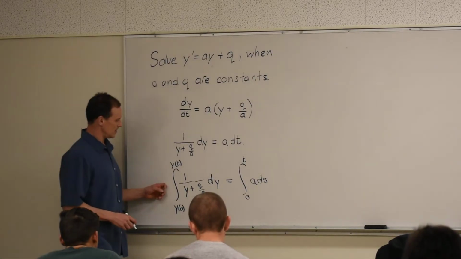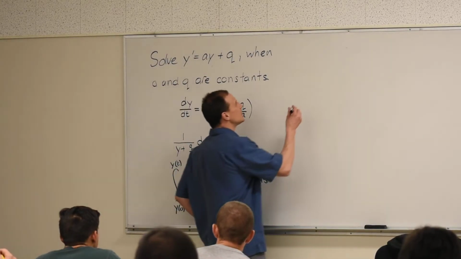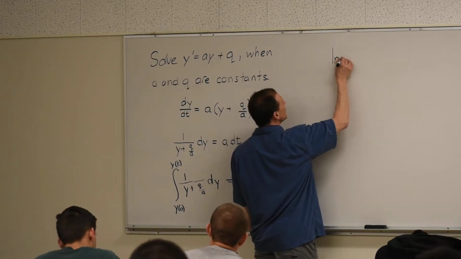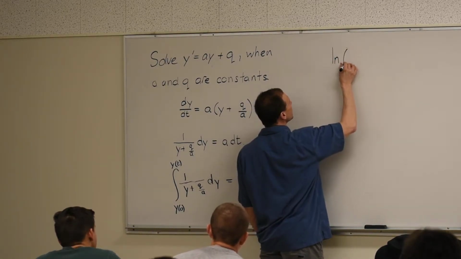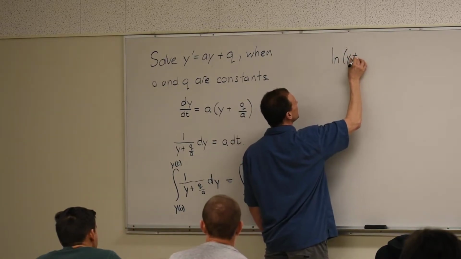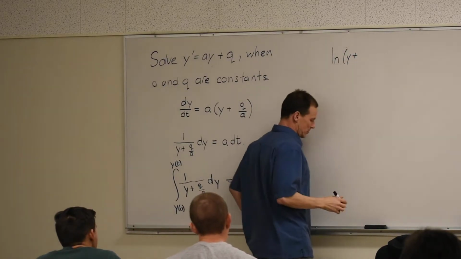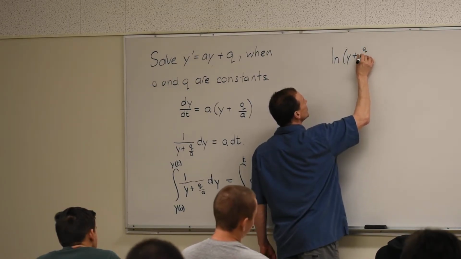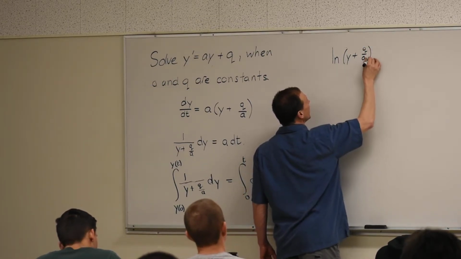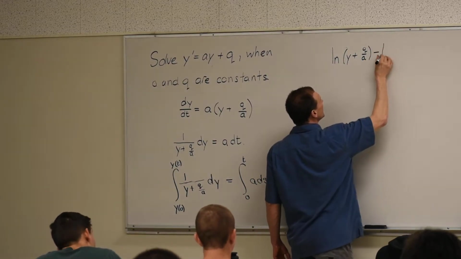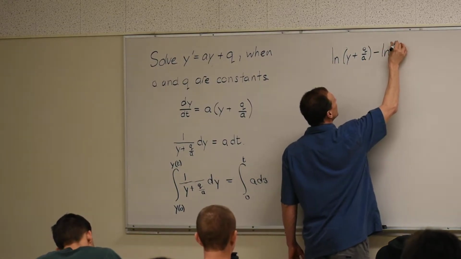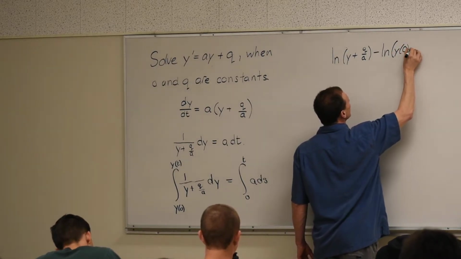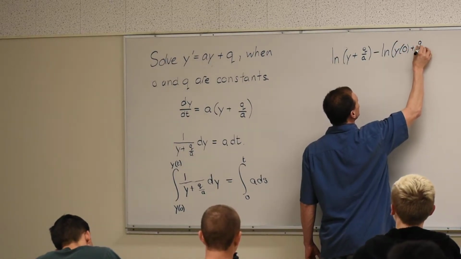Then, on the right-hand side, so what we have is the natural log of y of t plus q over a minus the natural log of y of 0 plus q over a.